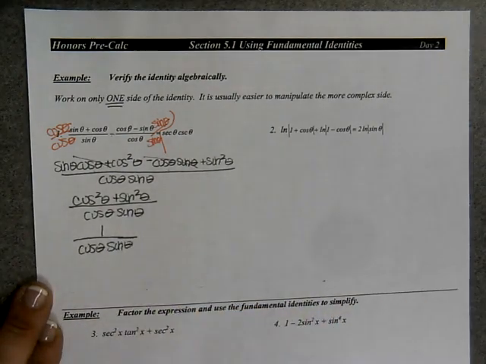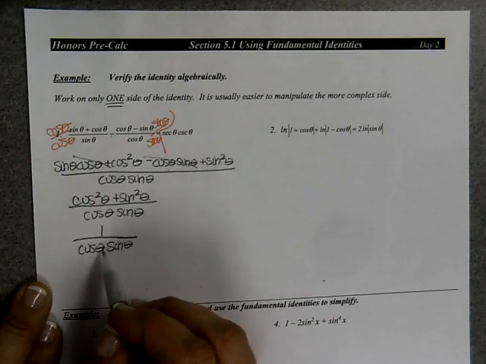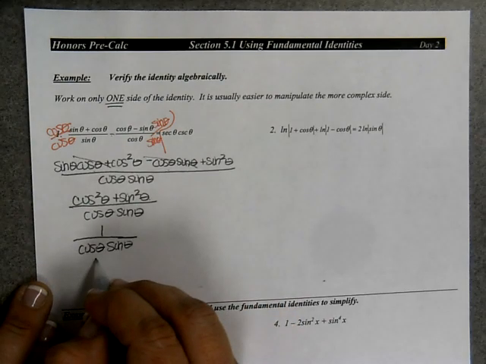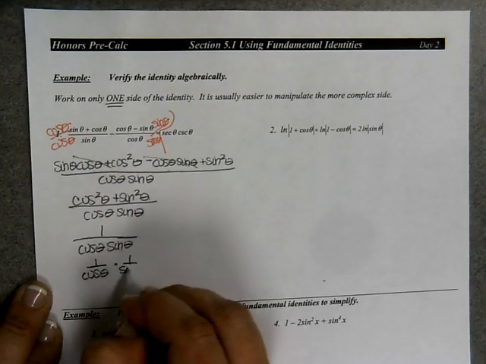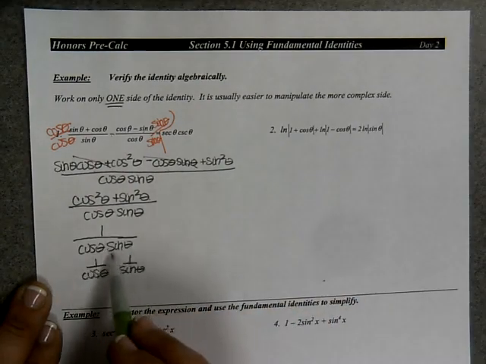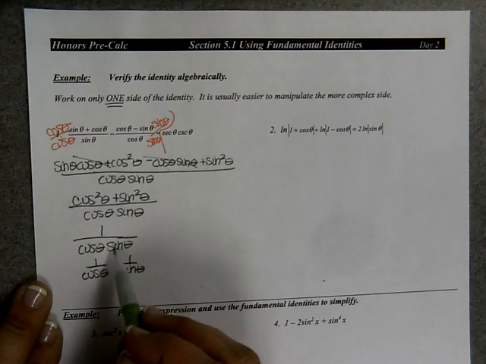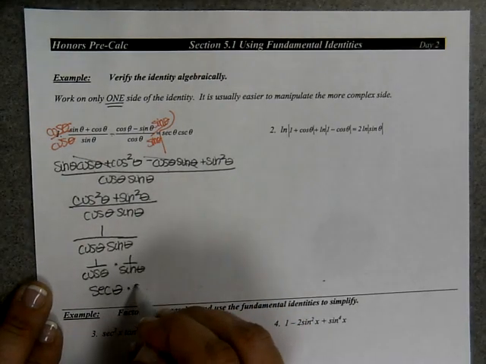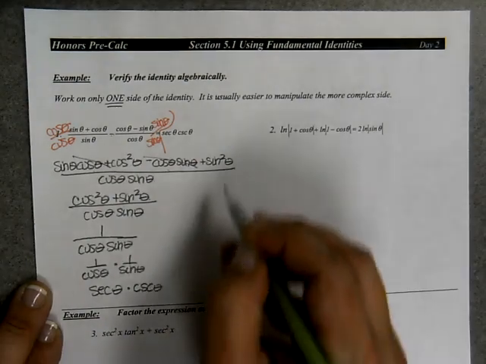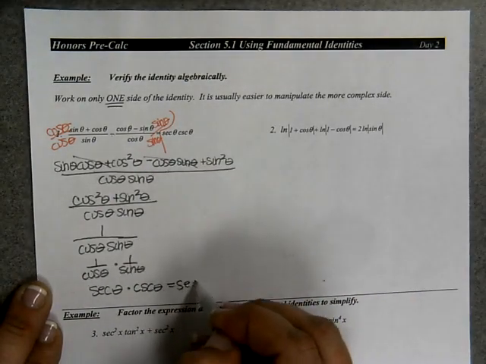And so we have 1 over cosine theta sine theta. So this would be the same thing as saying 1 over cosine theta times 1 over sine theta, just breaking that up. And this gives us secant theta times cosecant theta. And that's what we wanted.